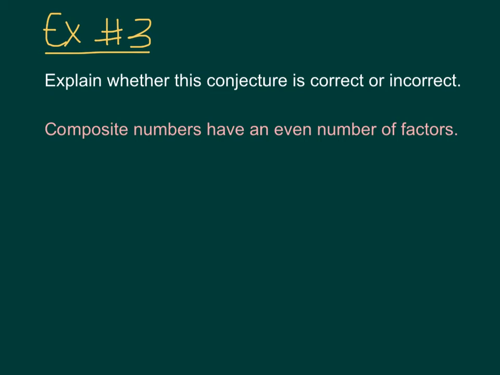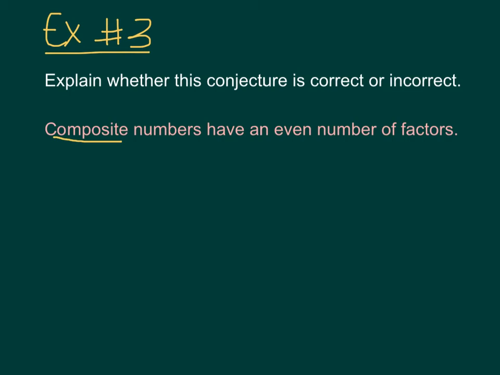Our last example, we're explaining again if it's true or not. So composite numbers, remember composite numbers have more than 2 factors. So we're saying composite numbers have an even number of factors. So if I list out all the factors, it should be even. So let's pick a composite number.